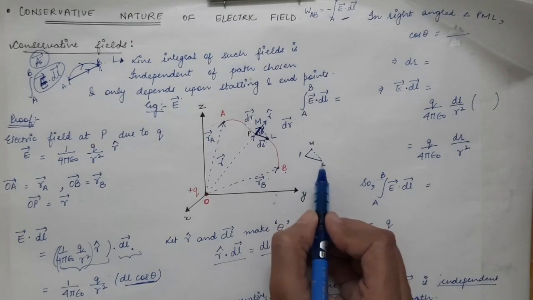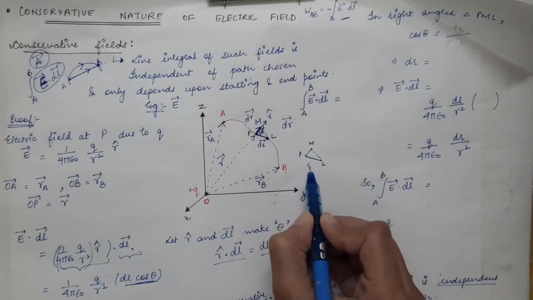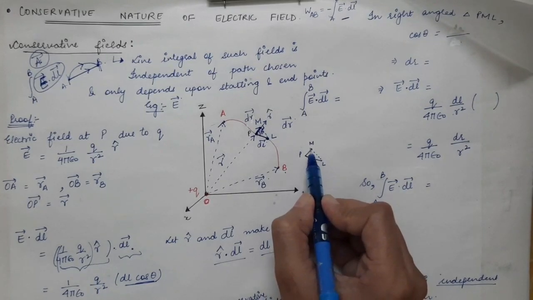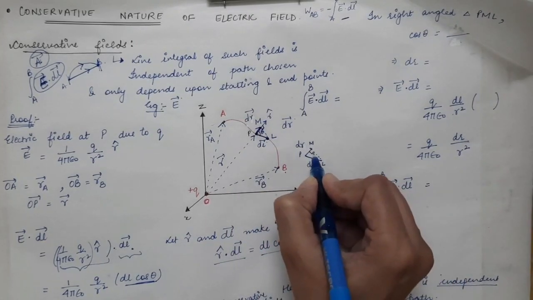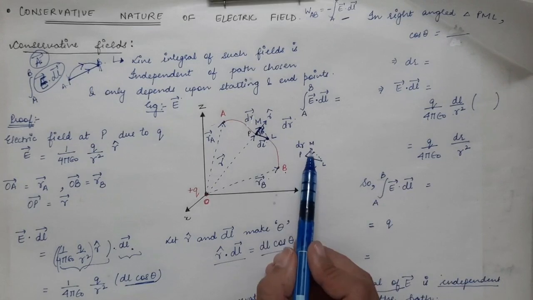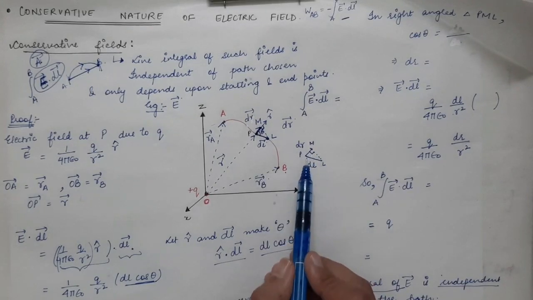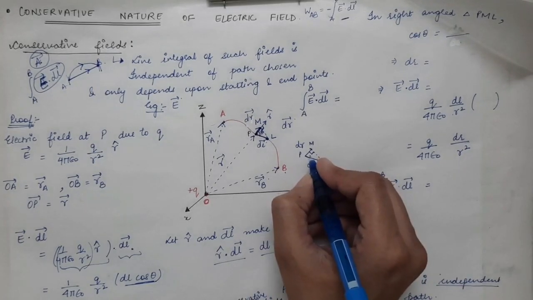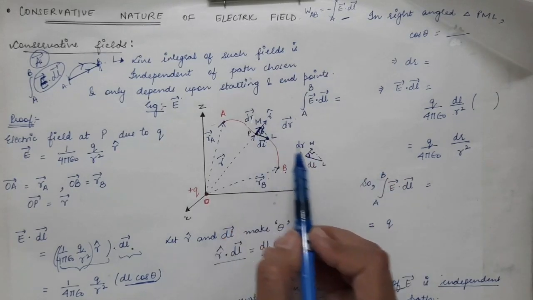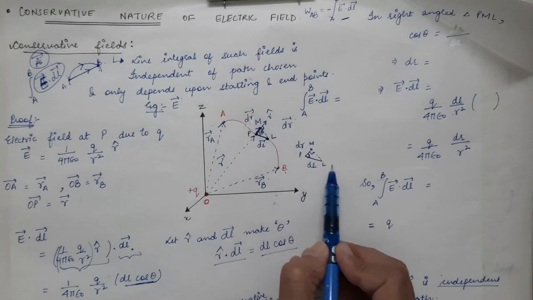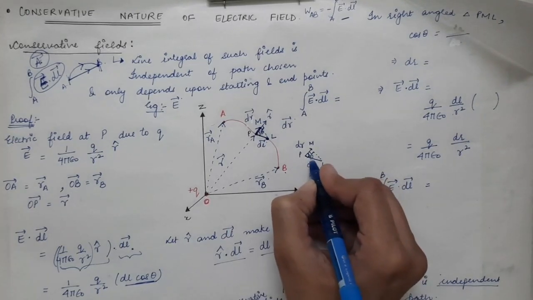This is PL, and its length is dl, and this is PM, whose length is dr, and this is the perpendicular which we have drawn. In this right angle triangle, first of all we will use the trigonometry equation. The angle between r cap and dl vector, which we have already written, is theta.